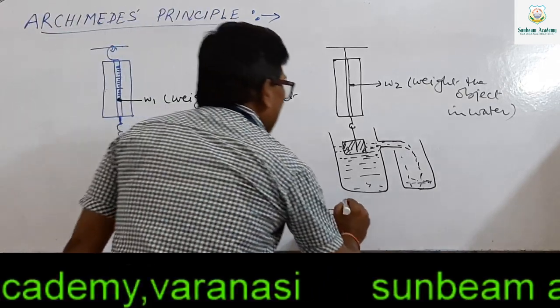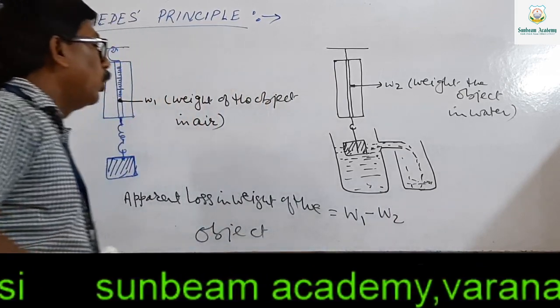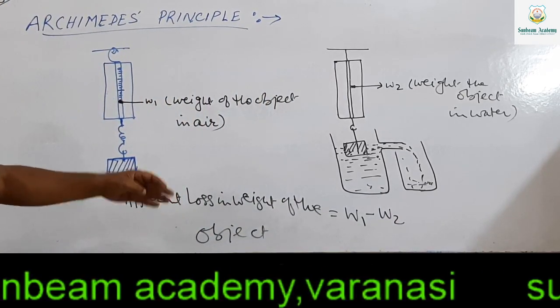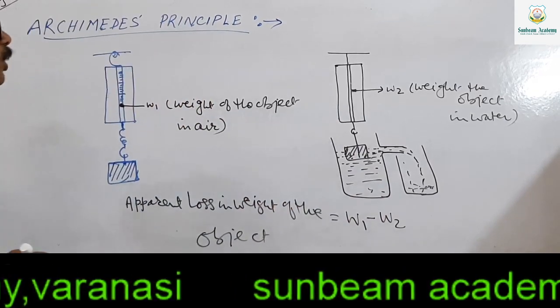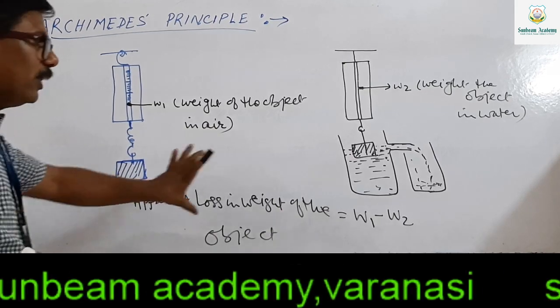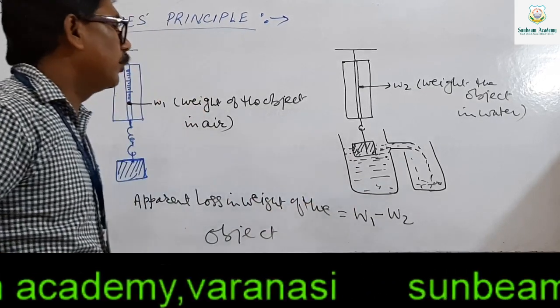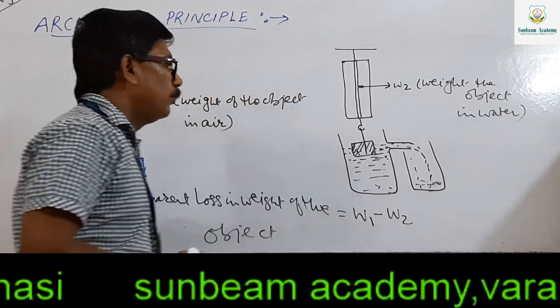That will be W1 minus W2, meaning weight of the object in air minus weight of the object in water. This difference in weight will be equal to what?